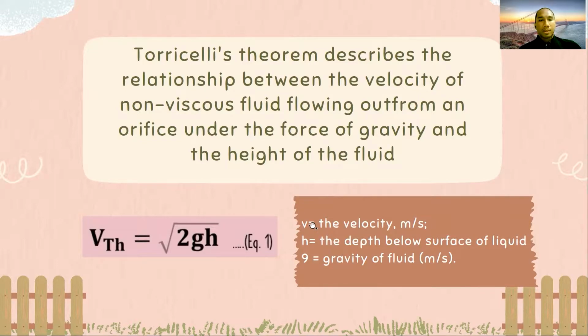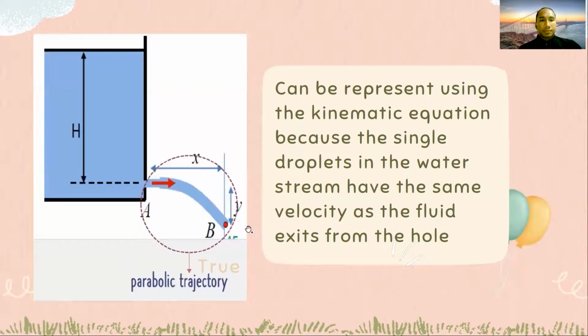Then, in this experiment, we can also describe the parabolic trajectory. As you can see in the picture, that is what we call the parabolic trajectory. In the parabolic trajectory, we have the x-axis and the y-axis.